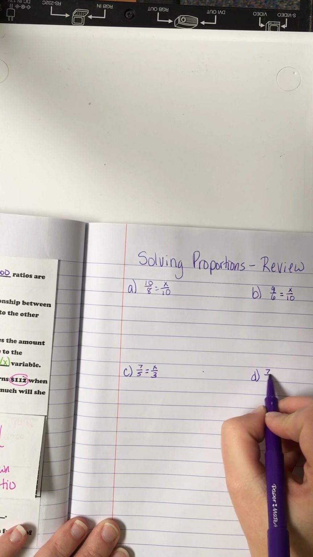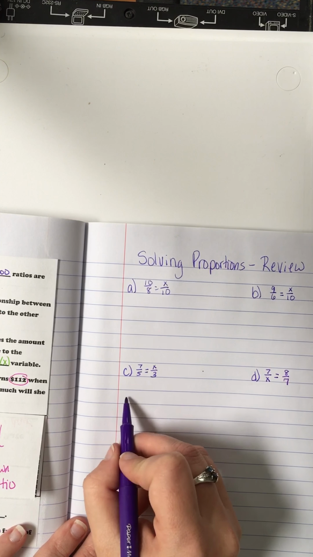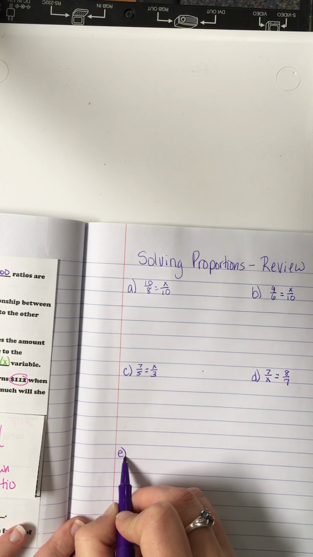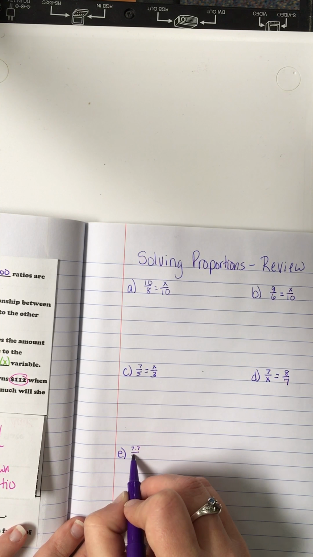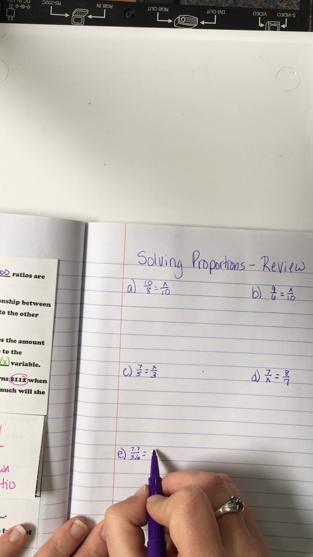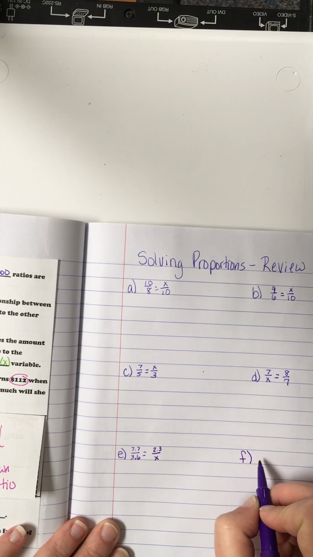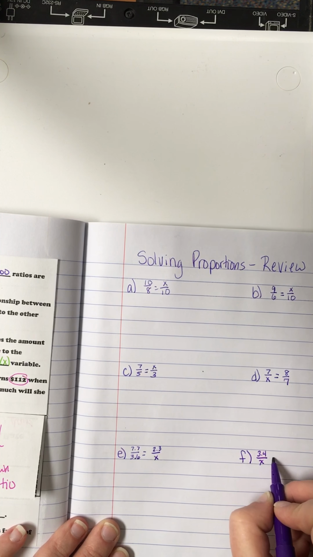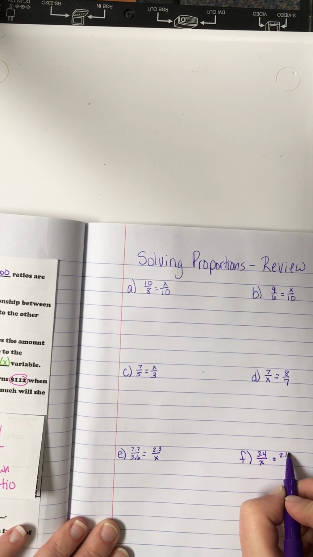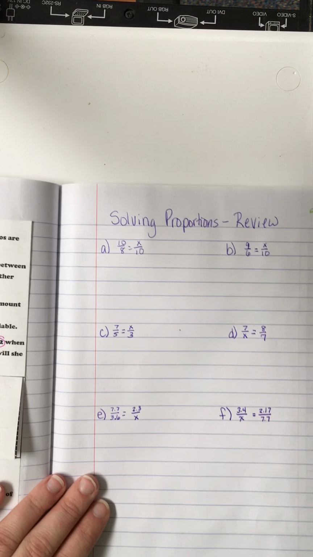For D, 7 over x equals 8 over 7. And for E, 7.7 over 3.6 equals 2.3 over x. And for F, we're going to say 3.4 over x equals 2.17 over 7.7. You know they can't all be easy ones.